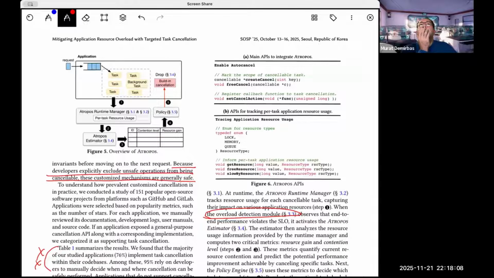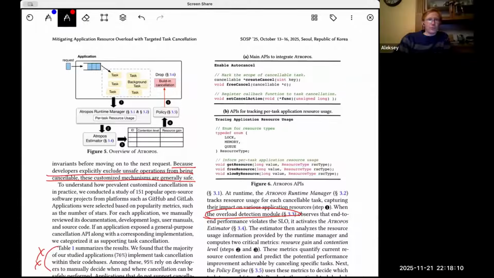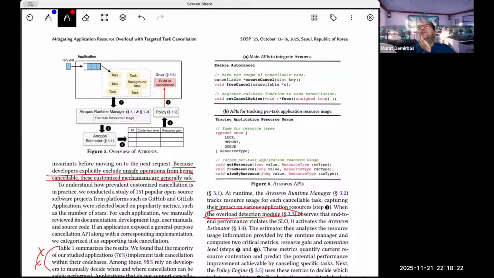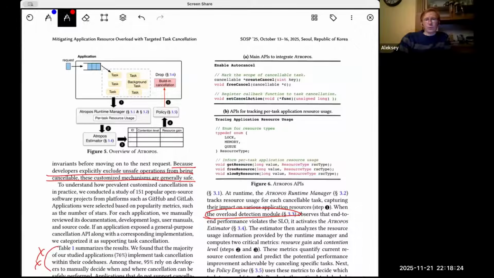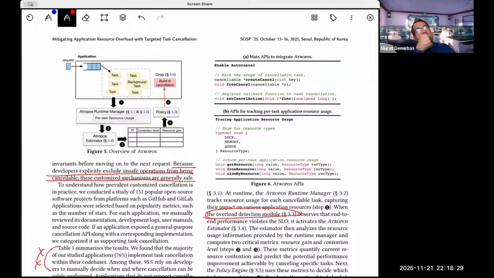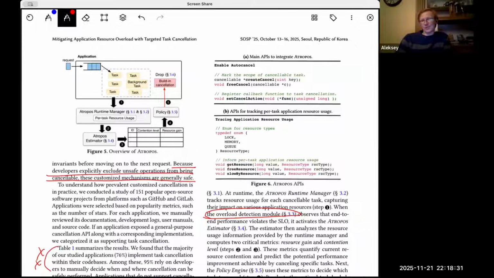Per task application resource usage: get resource, free resource, slow by resource. So this is the API for tracking per task application resource usage. I guess get resource is when you request some resource, free resource when you're done with it. So I'm not sure it can track things like CPU.